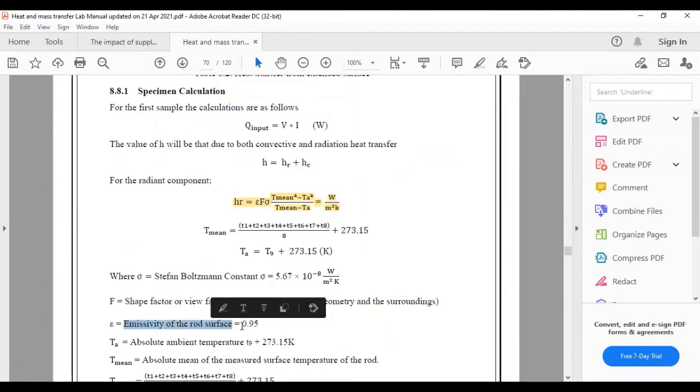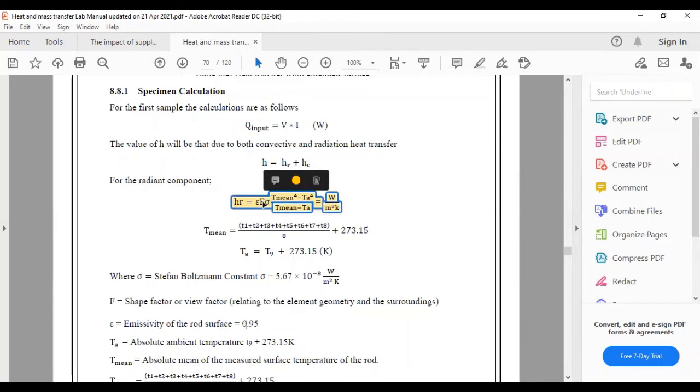So its value is given as 0.95. F is the shape factor. This is also used in the radiation experiment, shape factor or view factor. It is related to the geometry and the surrounding. So the geometry of the rod is in such a way that its value is used here as a 1.